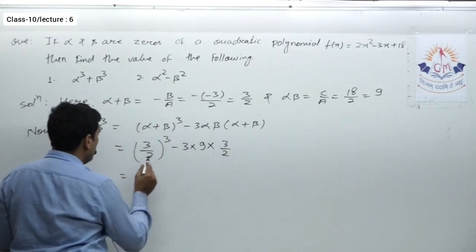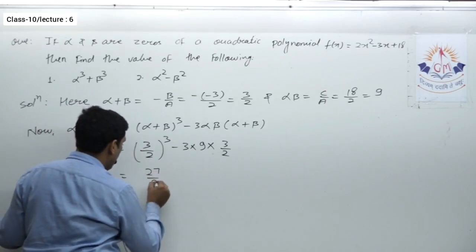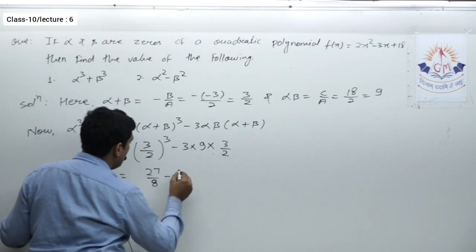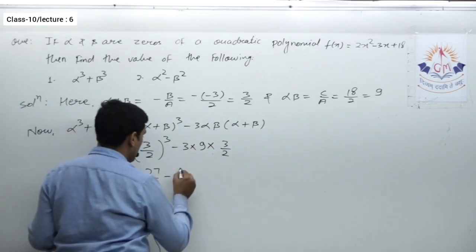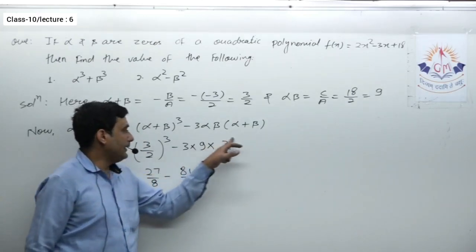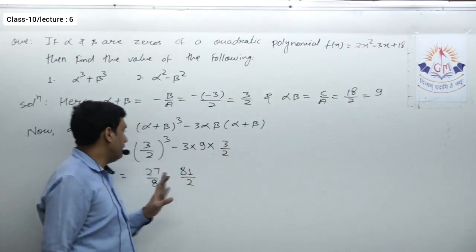So this gives you 27 upon 8, minus 81 upon 2. 3 and 3 is 9, 9 nines are 81, by 2.